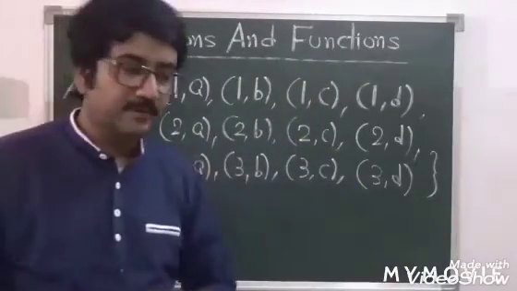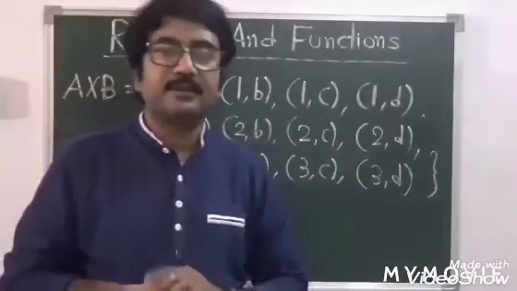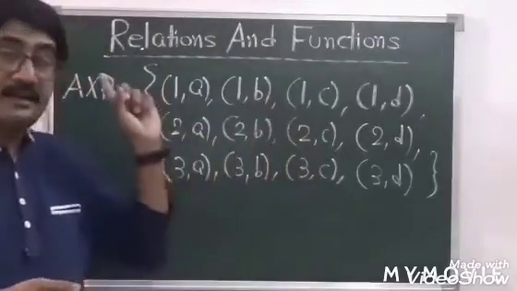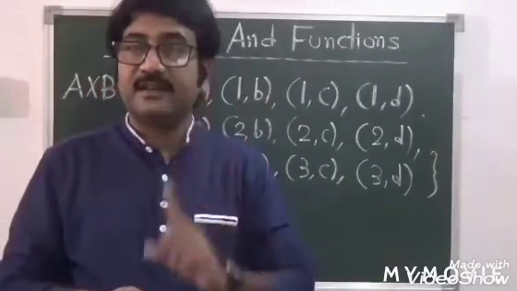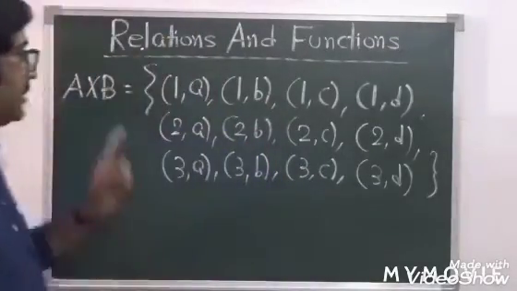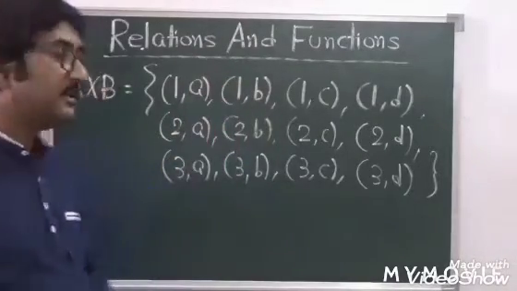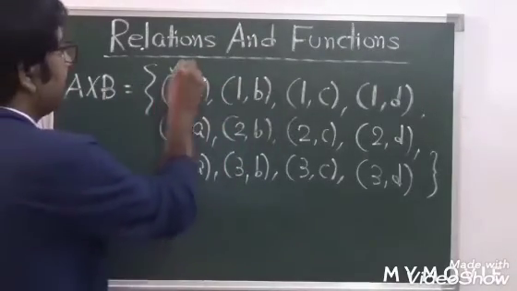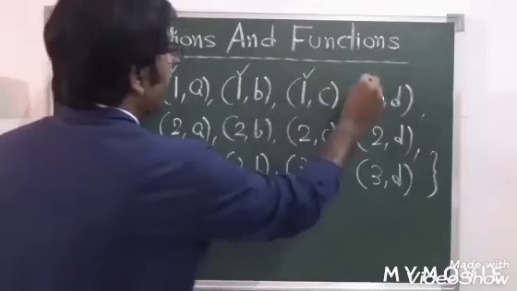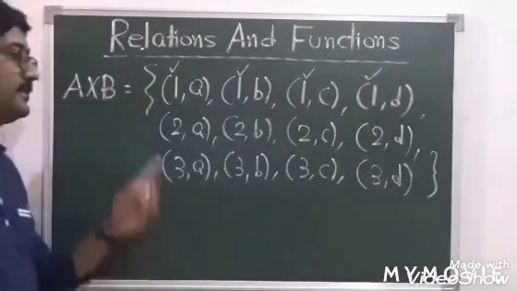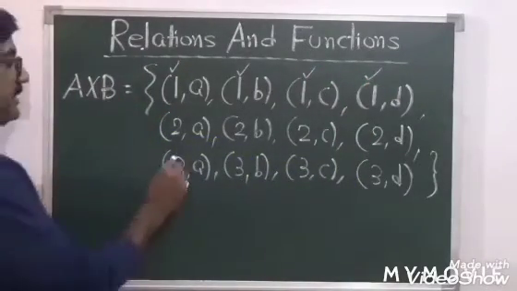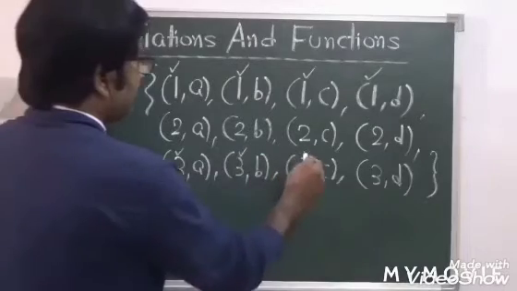Now we are going to draw the connection between the sets A and B, and that set, that is a relation, we are going to generate from this, under the specific condition that the first elements will be an odd number. So here you can see these are the four elements in the form of ordered pairs where the first element is an odd number. Similarly this one.